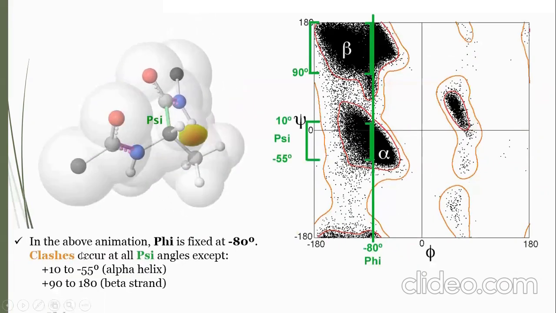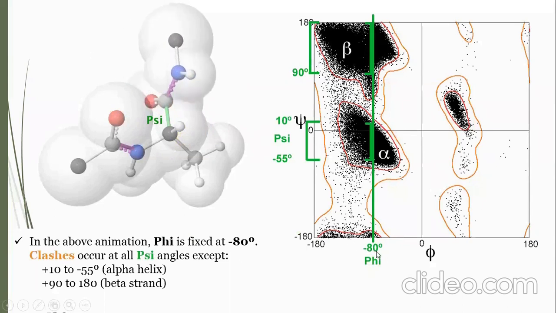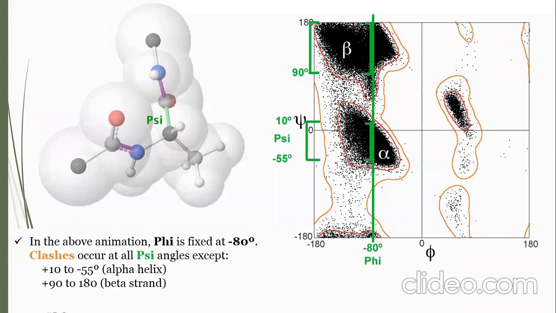And here in the above animation, phi is fixed at minus 80. So phi is fixed. Now the turn is for psi. We need to determine psi. If phi is fixed at minus 80, now check how many conformations of psi are possible, how many angles of psi are possible. Here you can see two conformations of psi are possible.